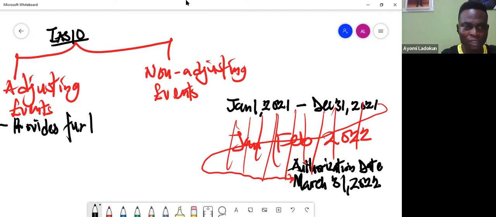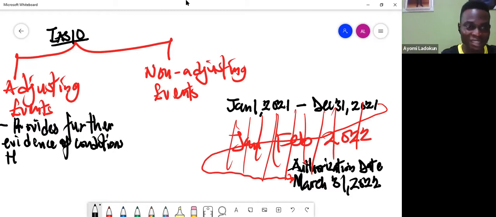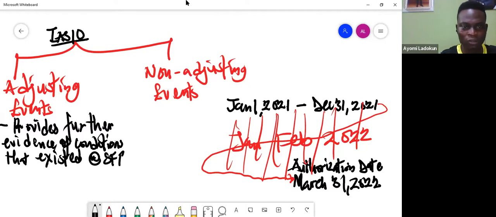They provide further evidence of conditions that existed at the balance sheet date, at the date of the statement of financial position.